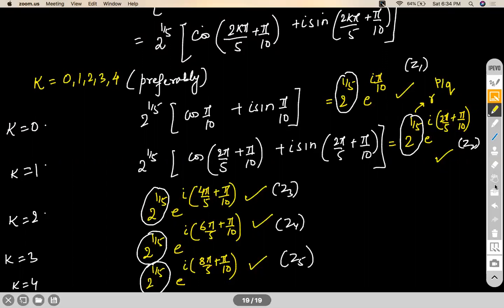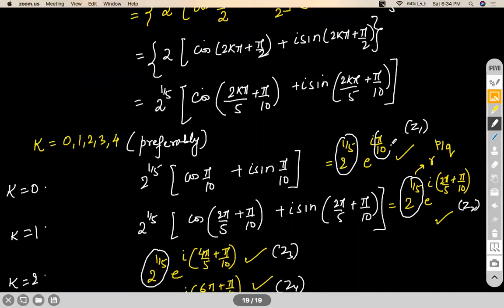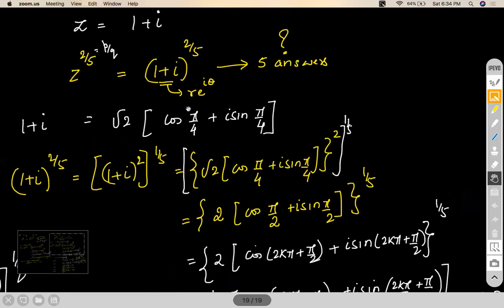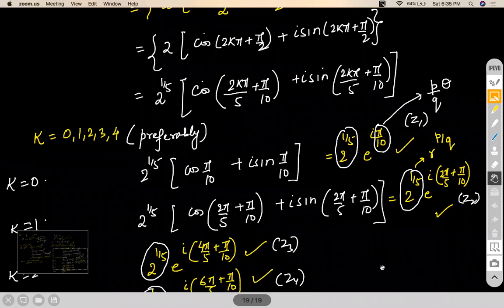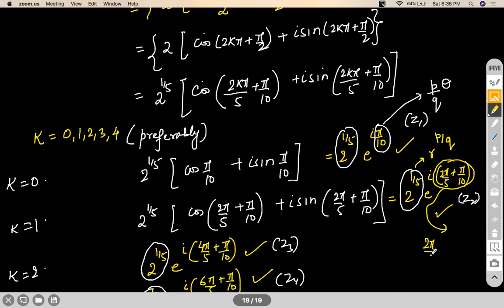Second thing you'll observe is that the first argument that you see, pi by 10, is actually p by q theta. See, what was the argument of this? Pi by 4, right? So 2 by 5 into pi by 4 will give you pi by 10. So this is your p by q theta, right? Yes or no? And then the second argument that you see here is actually 2 pi by q plus p by q theta.